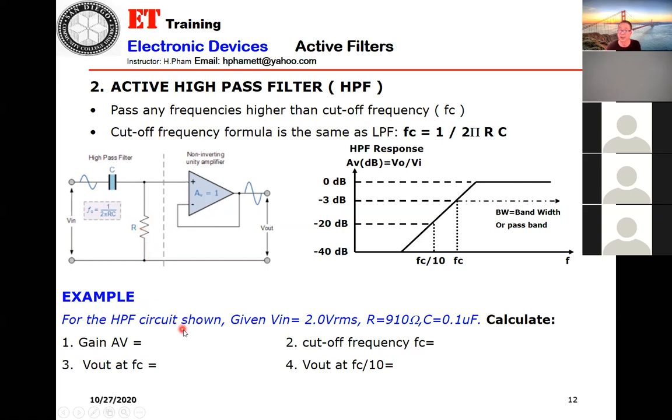So for the high pass, they give you input 2 volt, R 910 ohm, C 0.1 microfarad. They want you to calculate the gain, and you know the gain equals 1. And the cutoff frequency, tell me what the cutoff frequency is.